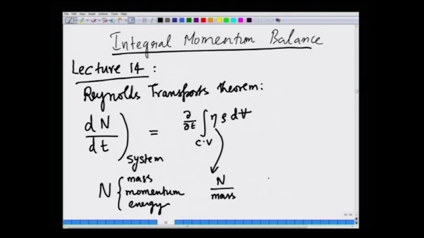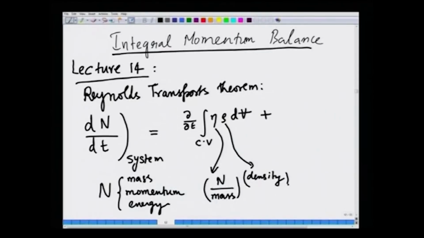So, if n is mass, then eta is 1. If n is momentum, then eta is just V. Rho is the density of the fluid, mass per unit volume, integrated over the whole volume in the control volume CV.